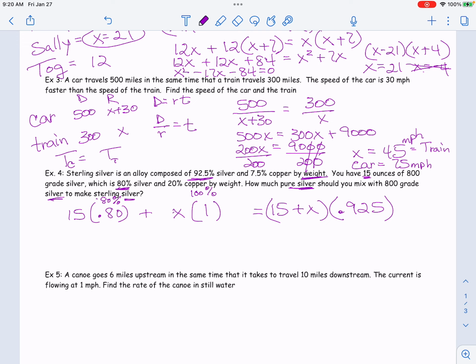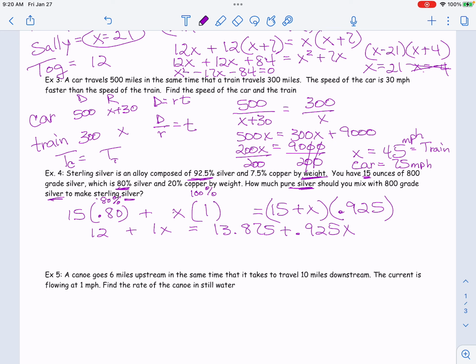So when I multiply this out, 15 times 0.8 is 12, plus 1x equals 15 times 0.925, 13.875, plus 0.925x.